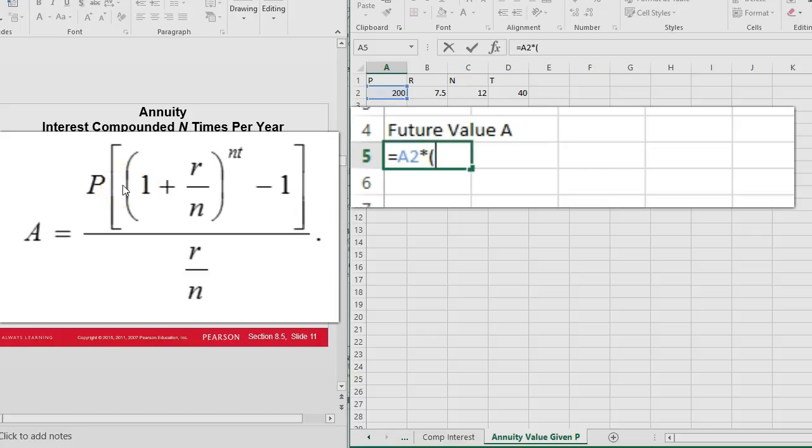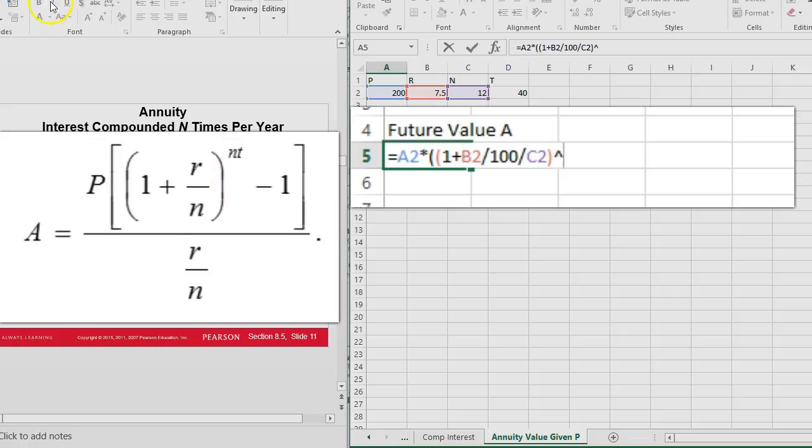So I'm going to hit parentheses twice, 1 plus R over N. Remember, R needs to be a decimal, so R divided by 100 to make it a decimal, divided by N. Close that inner parentheses. Right, notice it made both of those turn red. Raised to the power of, so shift 6.